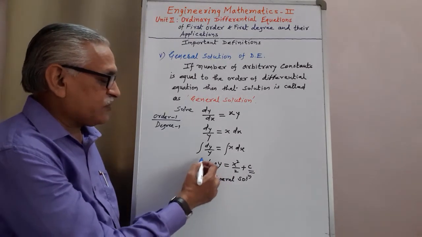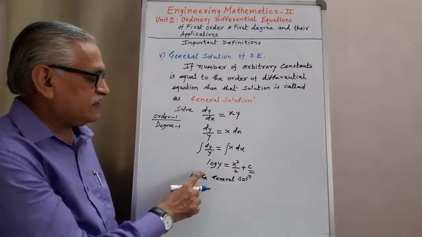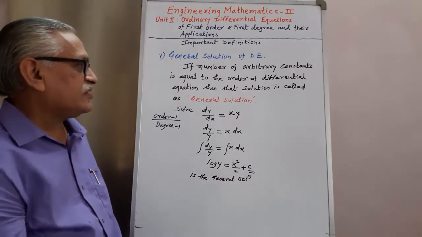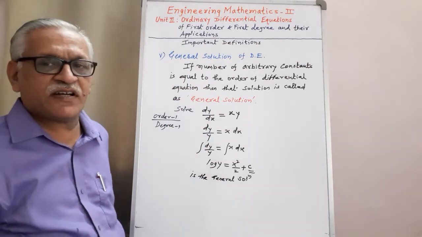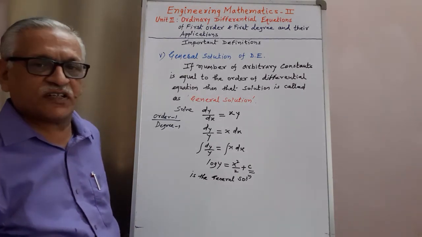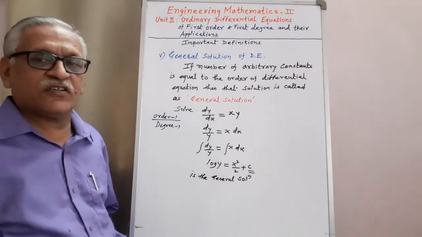And therefore, whatever solution I have obtained here is a general solution of that differential equation. Therefore, remember this condition: if the number of arbitrary constants is equal to the order of that differential equation, then that solution is called a general solution.